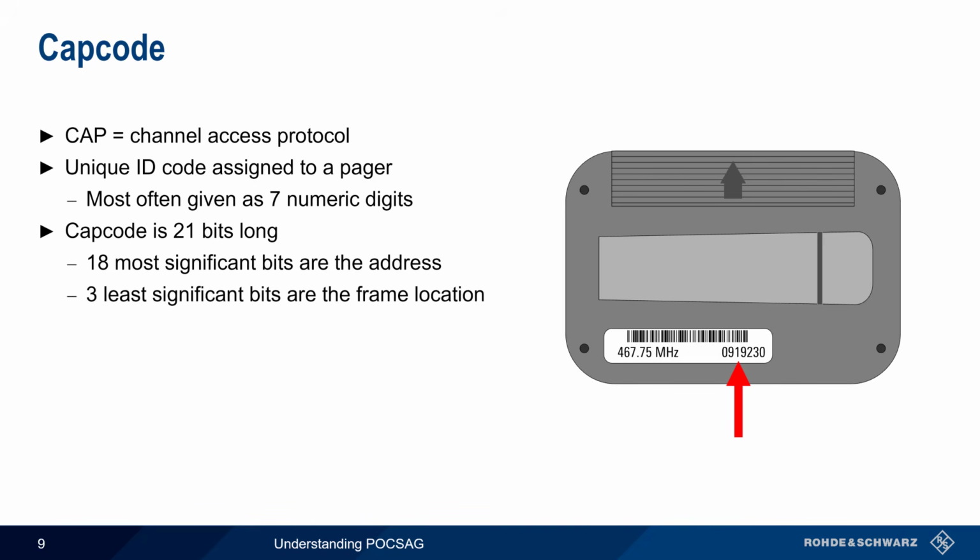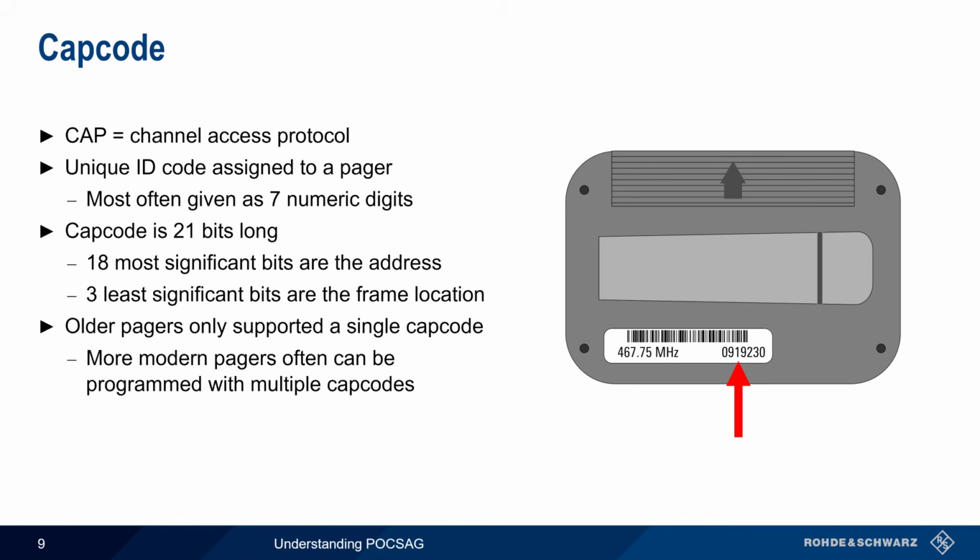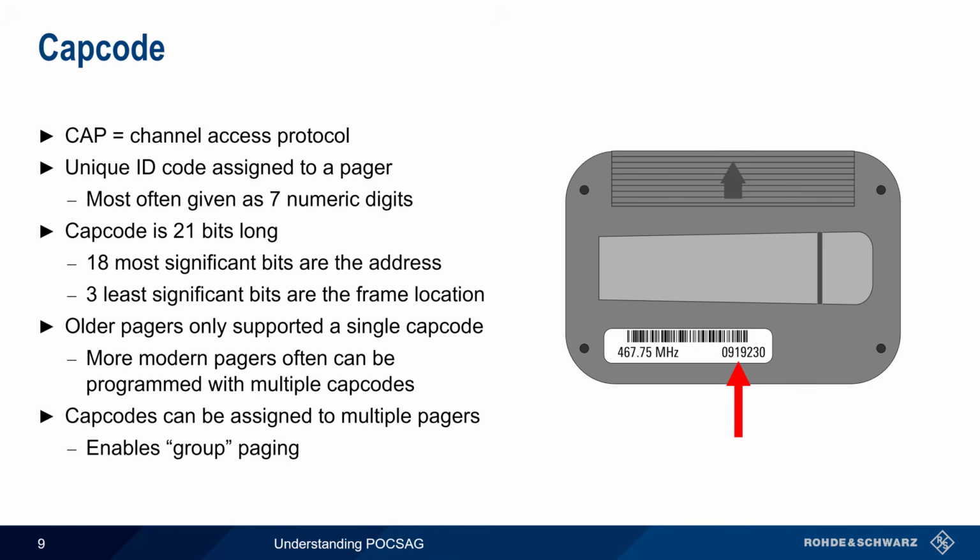We'll explain these last three bits in more detail a bit later in this presentation. Originally, pagers could only be programmed with a single Capcode, but more modern pagers often can support multiple Capcodes. This is particularly useful when the same Capcode is assigned to multiple pagers, since this enables both individual and group paging, that is, sending the same message to multiple pagers simultaneously.